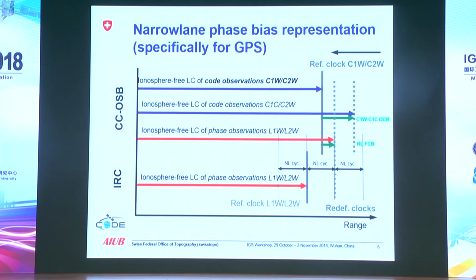So that's why we call our approach the common clock observable-specific bias approach. And for comparison, we also included the phase clocks, Schaer-type clocks approach. So this then looks like this, and you have a clock being consistent for phase. What happened with the pseudo-range application is then, at least to me, questionable.